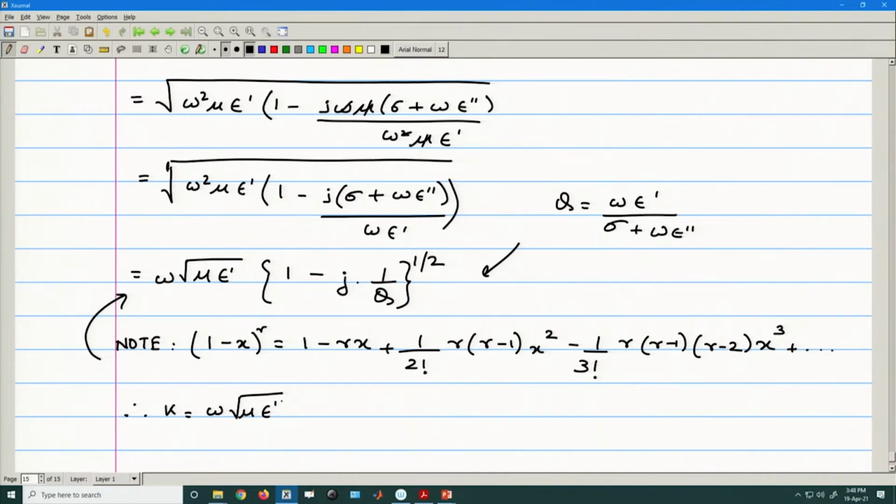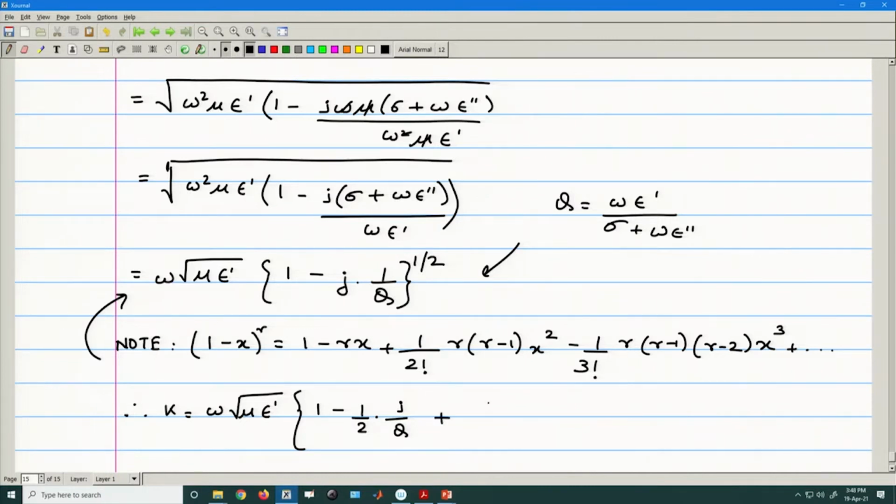and now we will expand this. So, we will get 1 minus r, where r is half. So, 1 minus half into x, where x is j by Q. Fine.